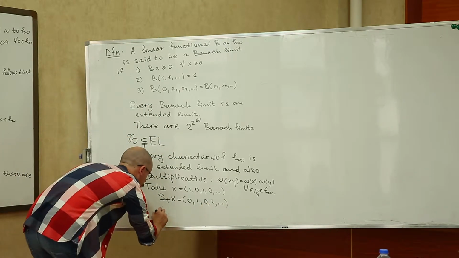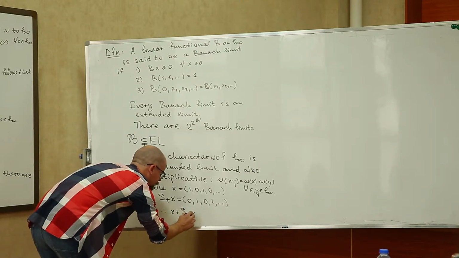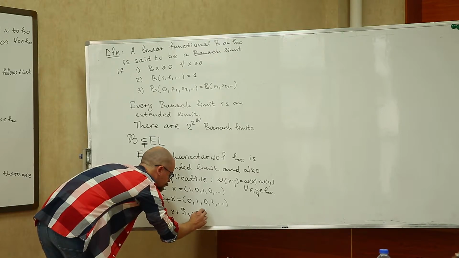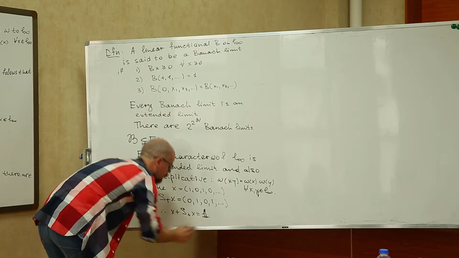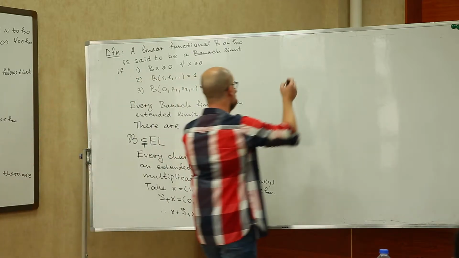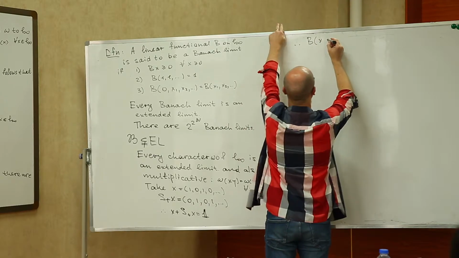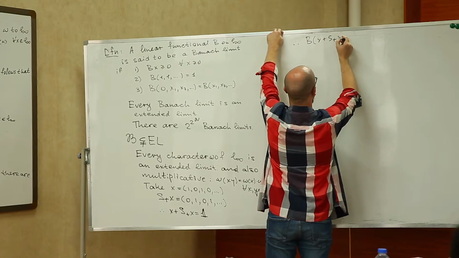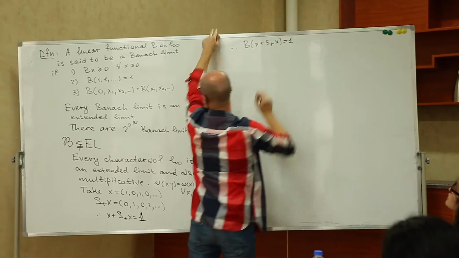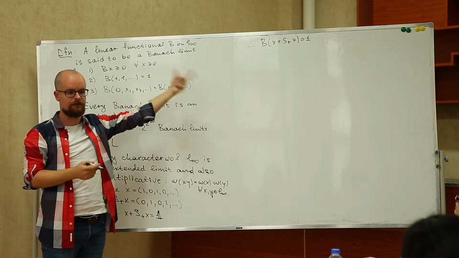So x plus s plus of x is identically 1, which I write as this fancy one. So B of x plus s plus of x is 1 by this property, and B is linear and shift invariant.